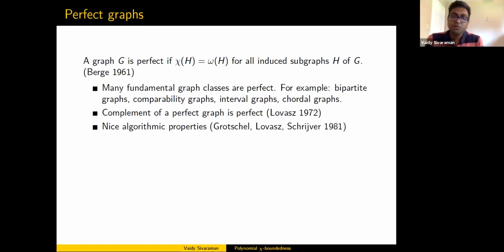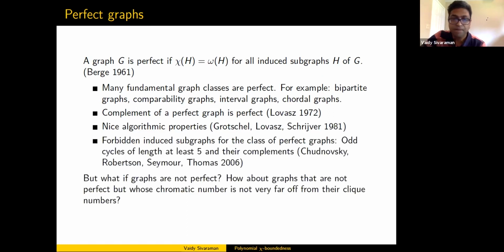And Grötschel, Lovász, and Schrijver proved that they have fantastic algorithmic properties. So something deep is happening. If you require that these two parameters are equal for all induced subgraphs, suddenly these graphs tend to behave much more nicely than general graphs.